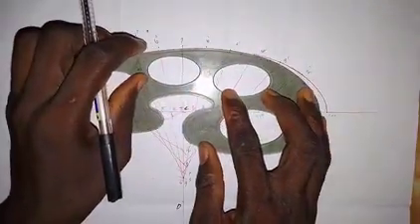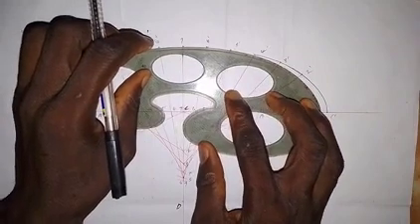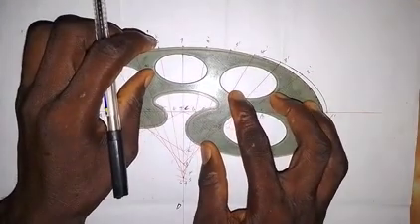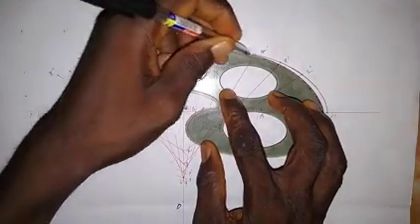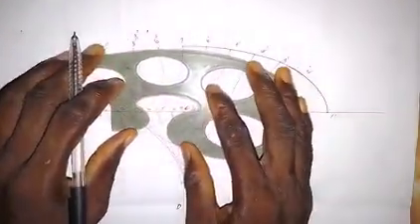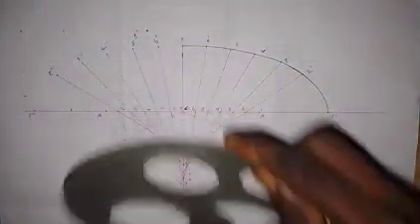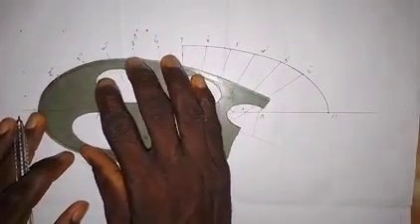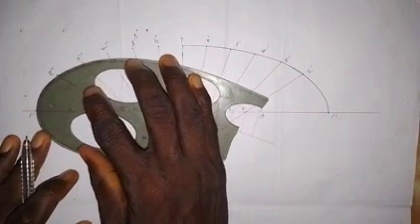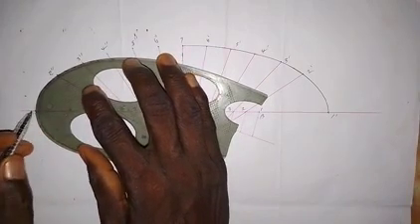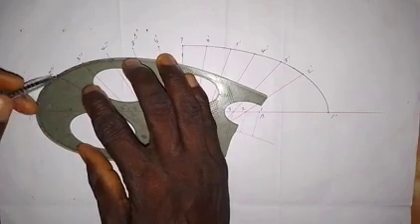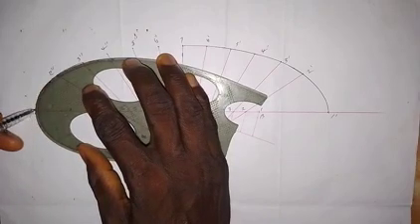So then we also join these points together. Then coming to this side, we can join these 3 points together like this.